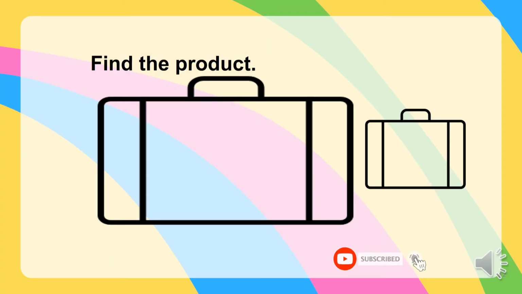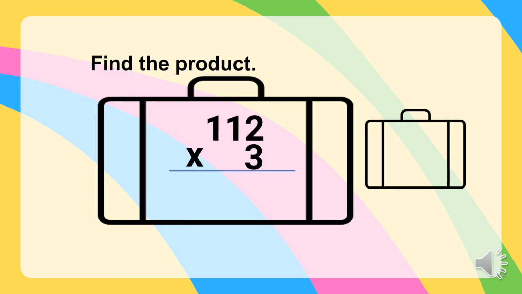Let's have another example. 112 times 3 is equal to. 3 times 2 is equal to 6.